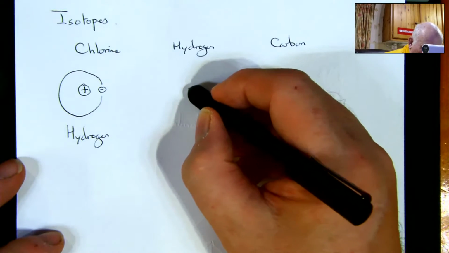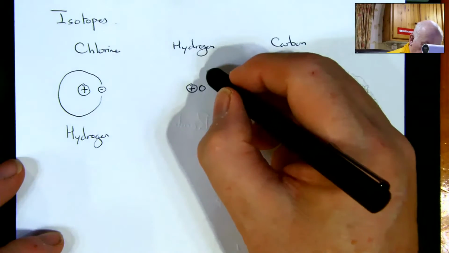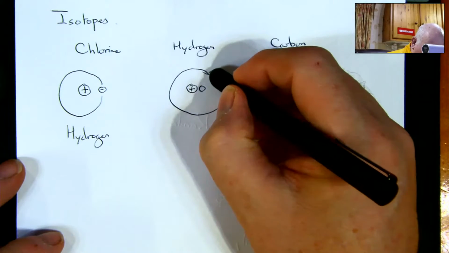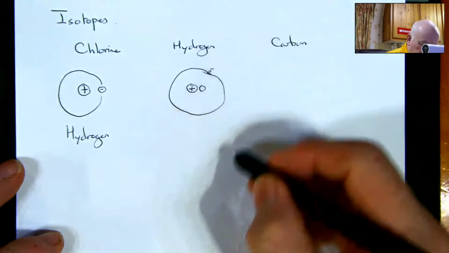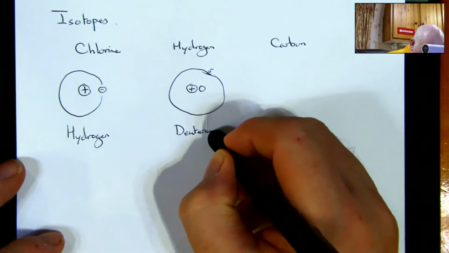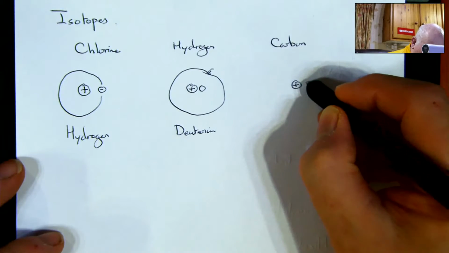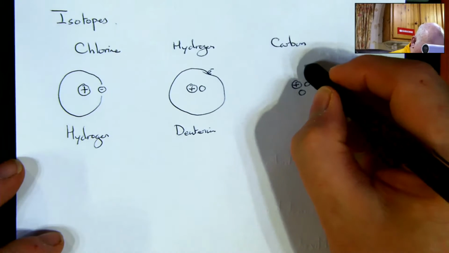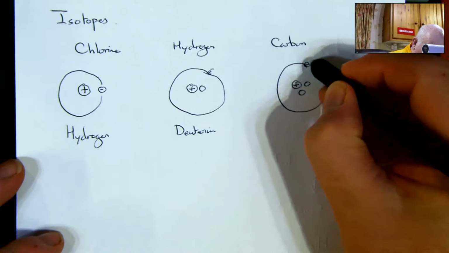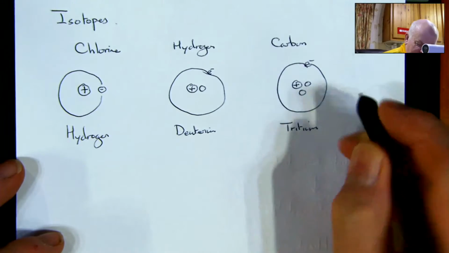We can have this one proton plus another neutron with this little electron going round, and I'm going to call this deuterium, and we can have the third one, which is tritium.